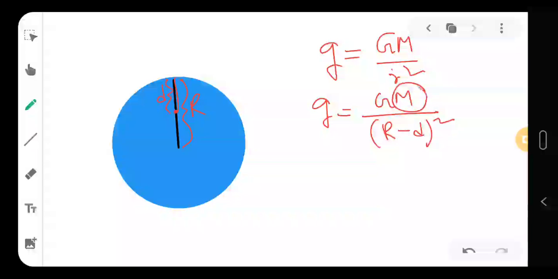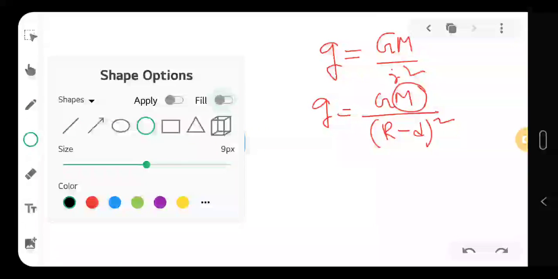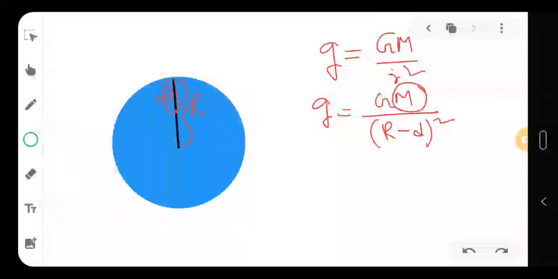Because whenever the object is here inside, only a certain portion of your earth, that means this inside portion of the earth, will be able to attract this. Okay, the outside portion is already excluded because the object has come inside.